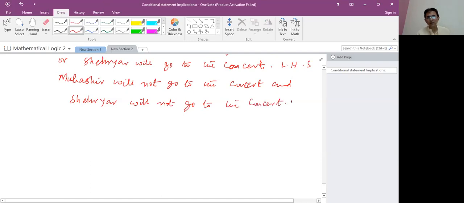So this statement we call the right hand side. If you read the statements, both are logically equivalent.